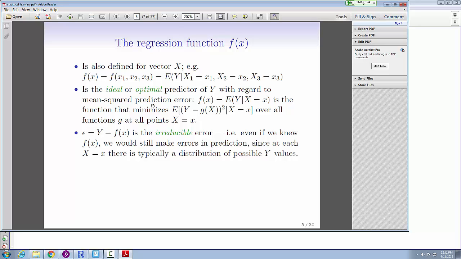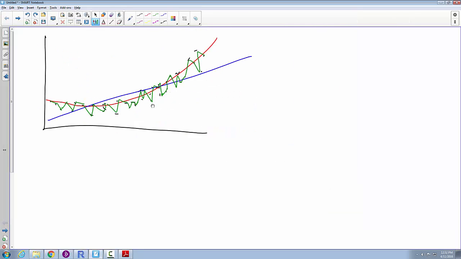So for every individual in your data set, we could come for the red curve, say, and we could ask, what's the difference between observed and predicted? What's the difference between observed and predicted for all of these?